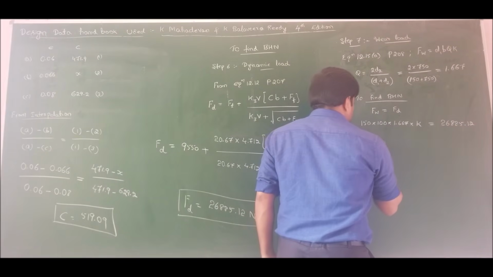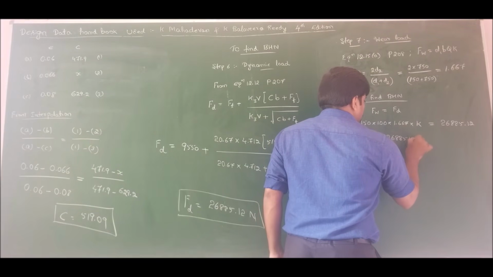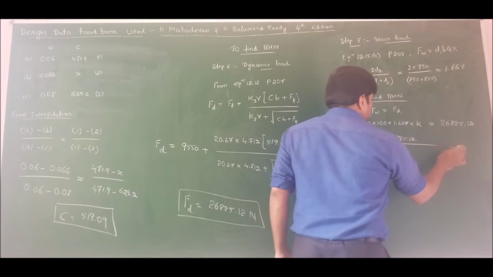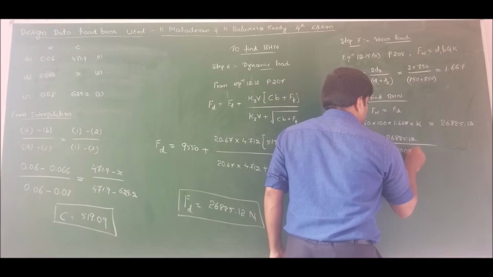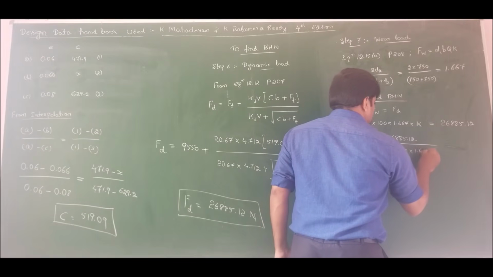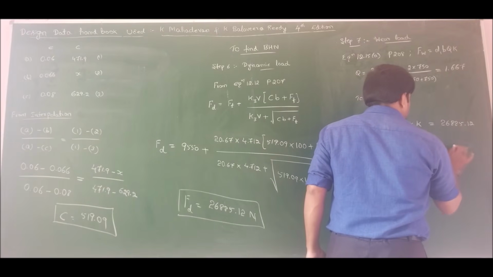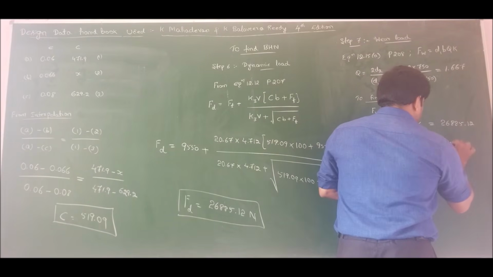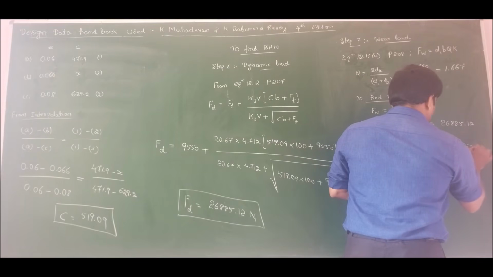So therefore the value of K will be 26,885.12 divided by 150 × 100 × 1.667, which yields the value 1.0752.